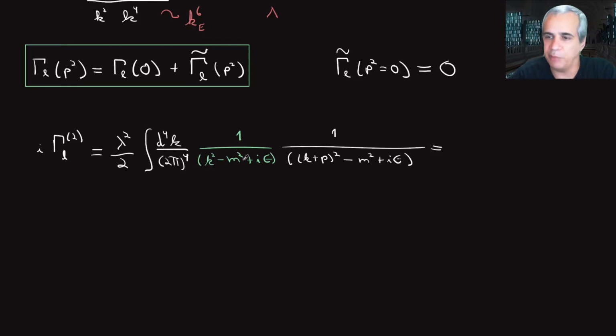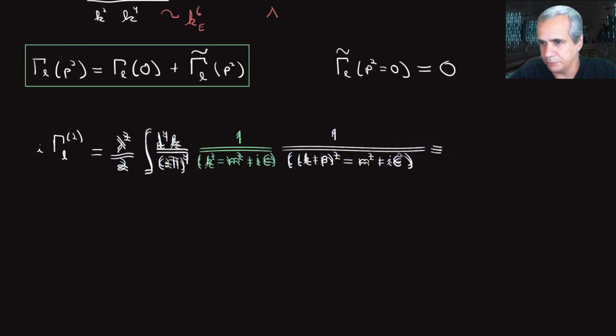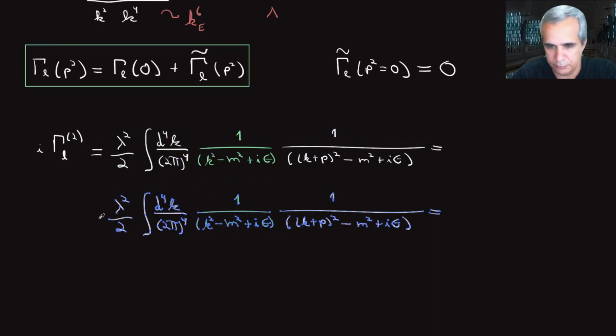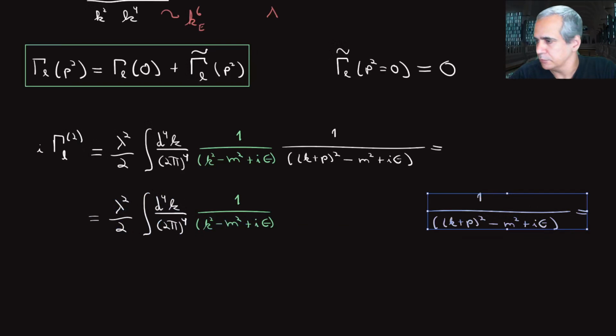So I'll do Pauli-Villars just for this one guy. That means that I will substitute this expression by this one. And here goes the new piece.